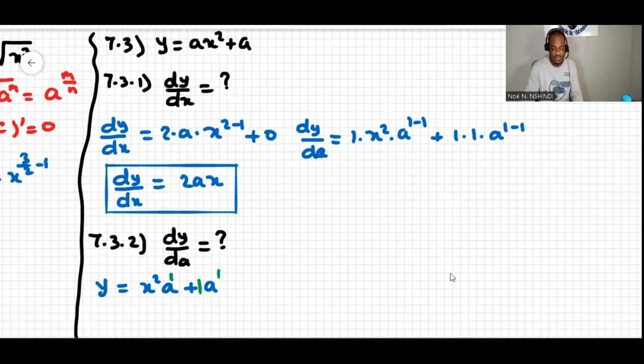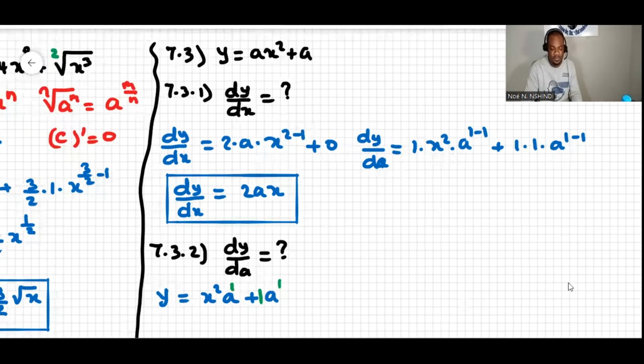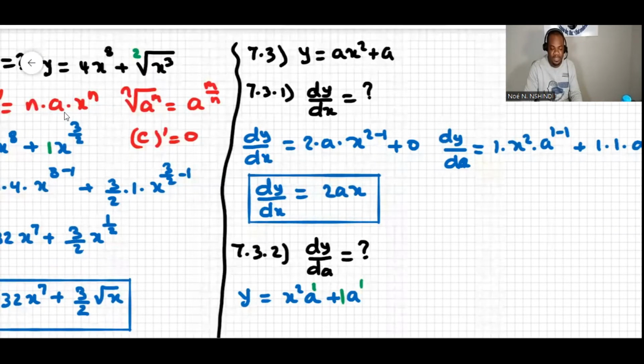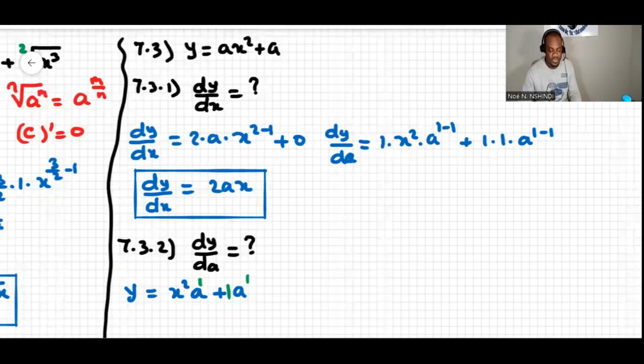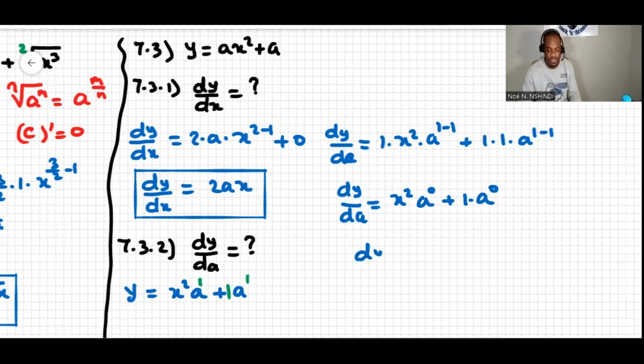Okay, so this is the same law of differentiation that applies here. Actually, I meant to say n minus 1, I forgot. n minus 1 there, yes. And then dy/da will be equal to 1 times x squared is x squared, and then a to the power of 0, plus 1 times a to the power of 0. dy/da will just be x squared plus 1.